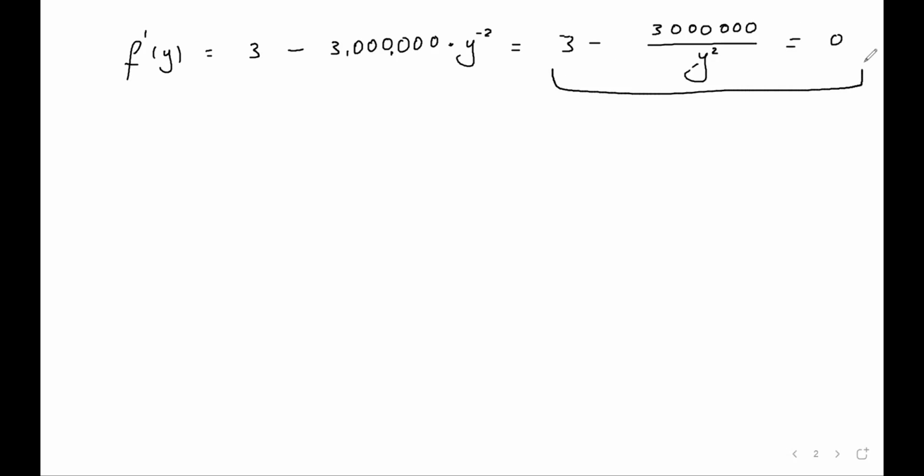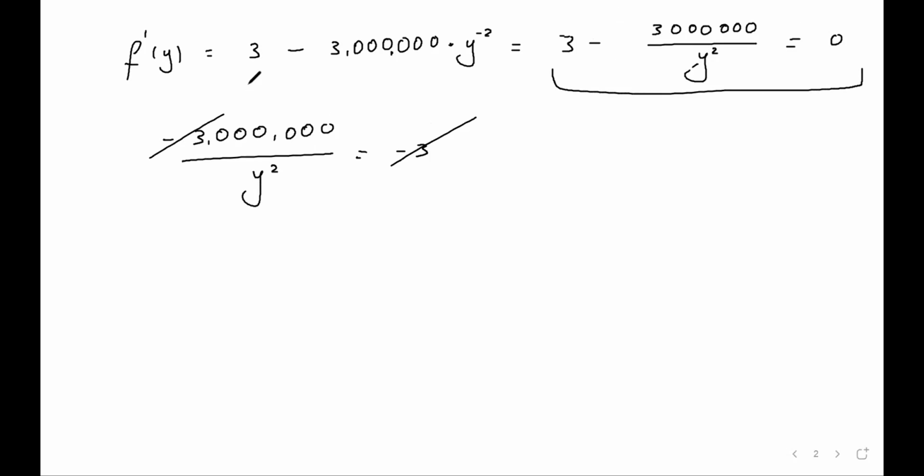If I solve this equation here, it's not going to be terribly difficult. Let's move 3 to the other side. So we have negative 3 million over y squared equals negative 3.